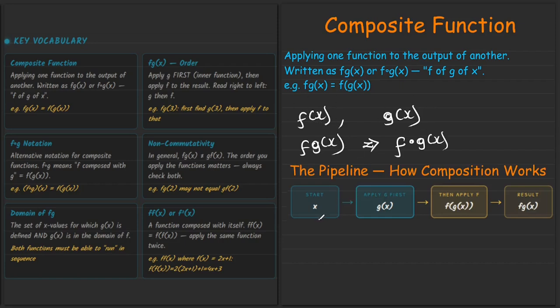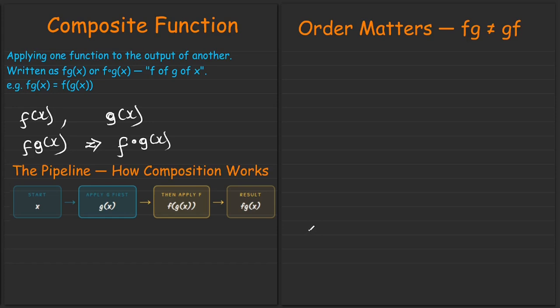The first thing you need to do is get your x value. Then you apply it first to the function inside, or let me say the right hand side function. The answer you get, you now put into the next function, and that will give you the result. Now you have to take note that the order really does matter.